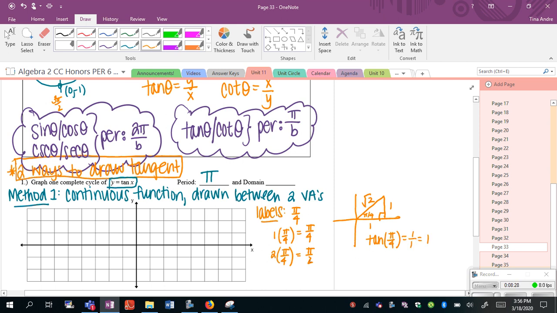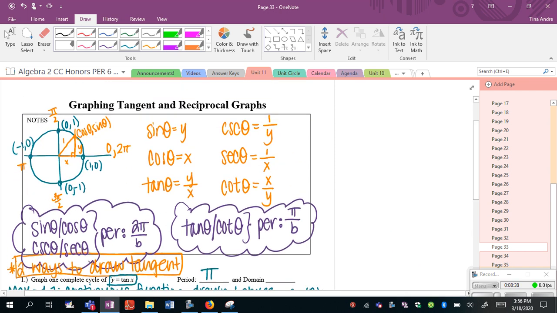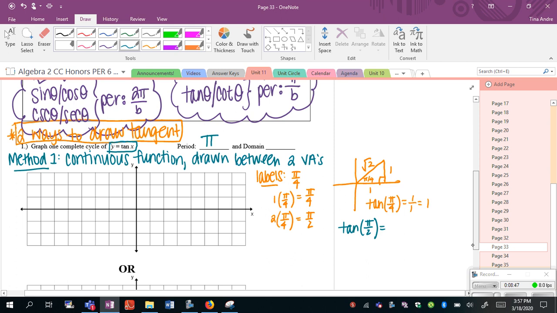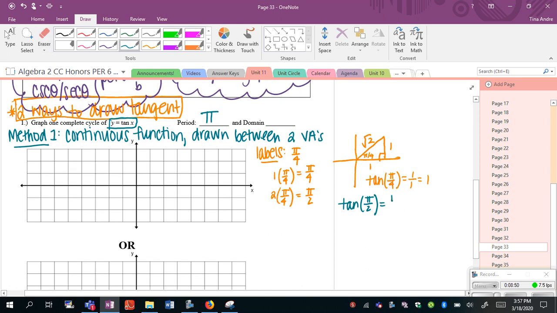And then when I look at tangent of pi over 2, for this one, I can use my unit circle from up above. So I have my x and y values. So remember that tangent is y divided by x. So it's going to be 1 divided by 0 when I'm using that point. So this is going to be undefined. And then that tells me that there's a vertical asymptote there.